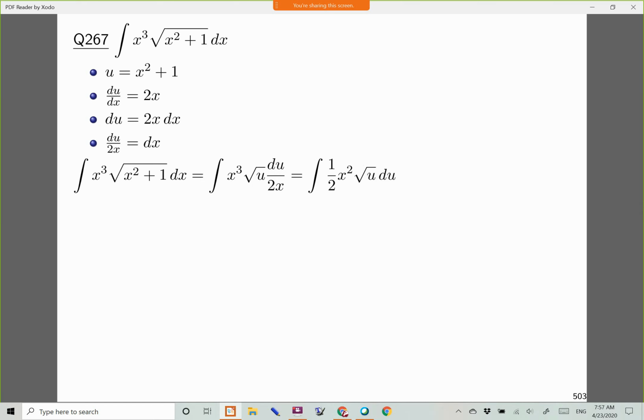But what's wrong with this? What seems to be wrong with this? Any thoughts? What do you notice? What do we think about this substitution up here?